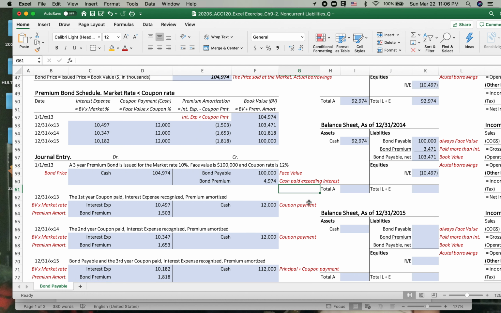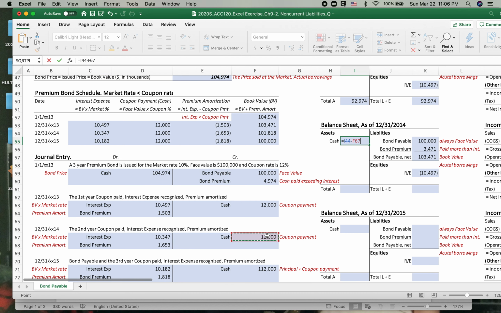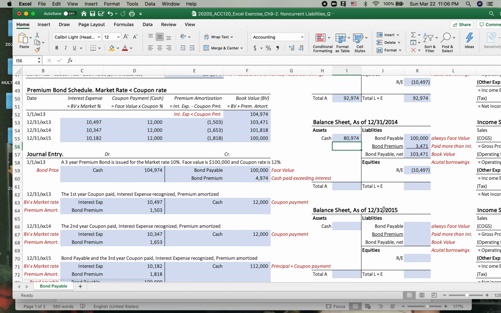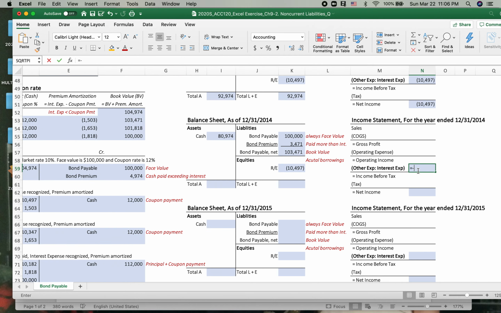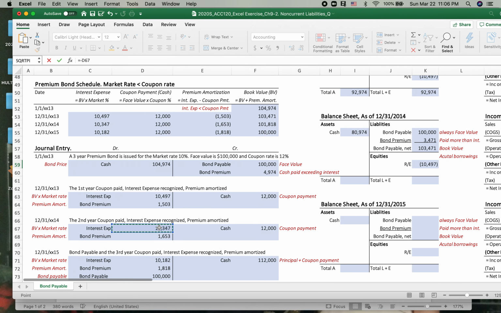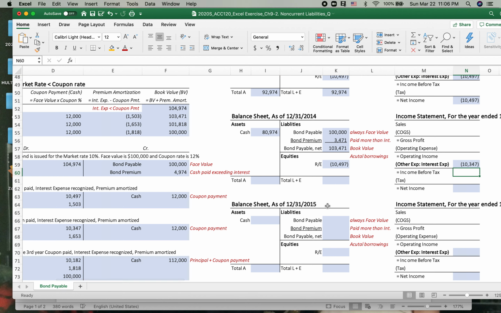The December 31st, 2014 transaction, the cash down by 12,000, and the interest expense out 10,347, and then it should be linked to the retained earning.